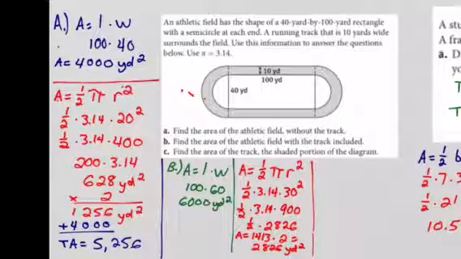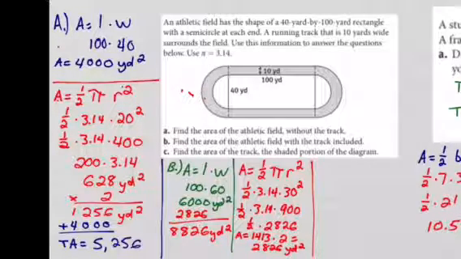Now, what I need to do is add that to the rectangle's measurements. So 2,826 added to 6,000 is 8,826 yards squared. So with the running track around the field, we know that the total area is 8,826.